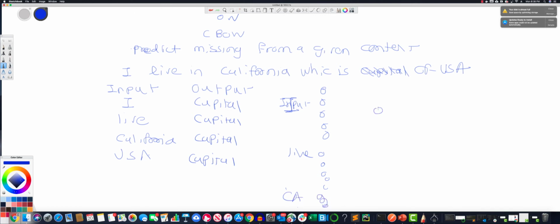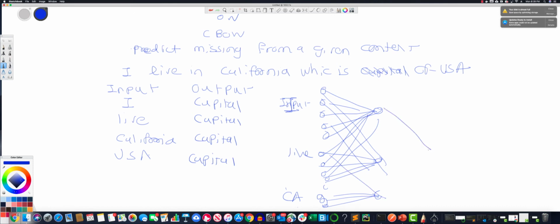Then we create a neural network like this. Similarly, we connect all the layers, and then we add another layer, and the output in this particular case is capital, right?